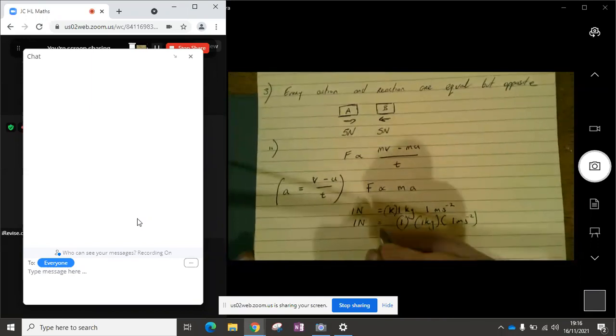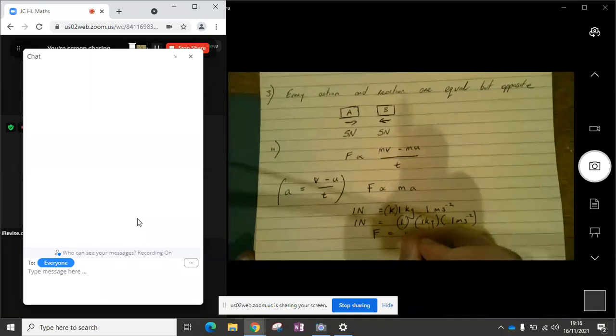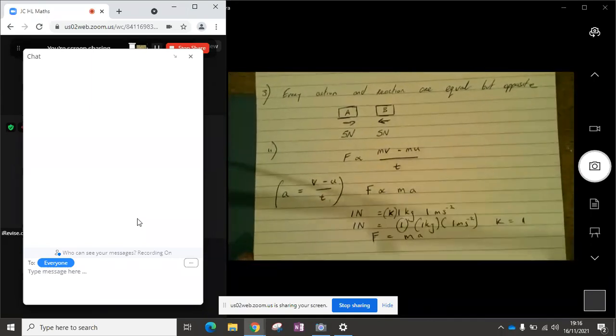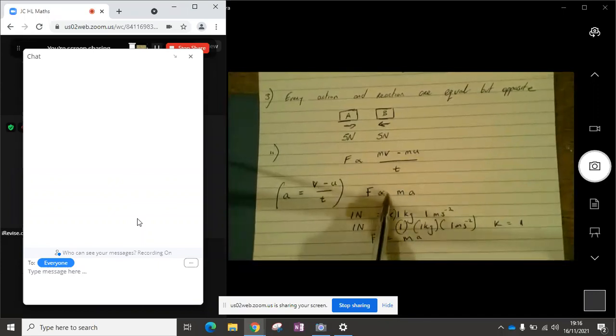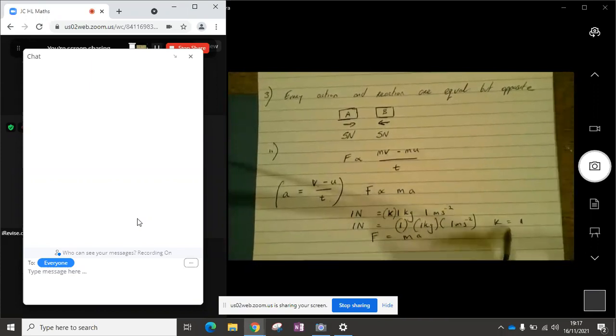So we end up with F equals ma, where k is equal to 1. You get rid of the proportion symbol, make it into a constant, put in your equals, and let that constant equal 1. So F equals m times a, and that's that derivation. It's a nice quick one.